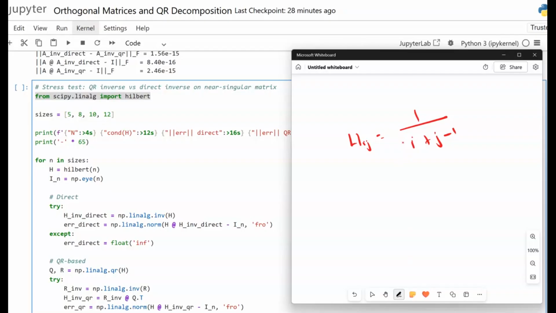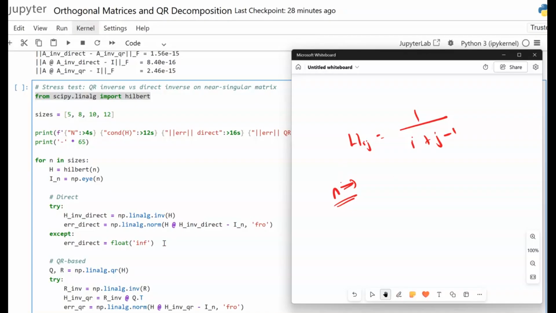It is symmetric and positive definite, and extremely ill-conditioned as n grows. Here n is the matrix size, and I will specify the exact size too. So small numerical errors get massively amplified.